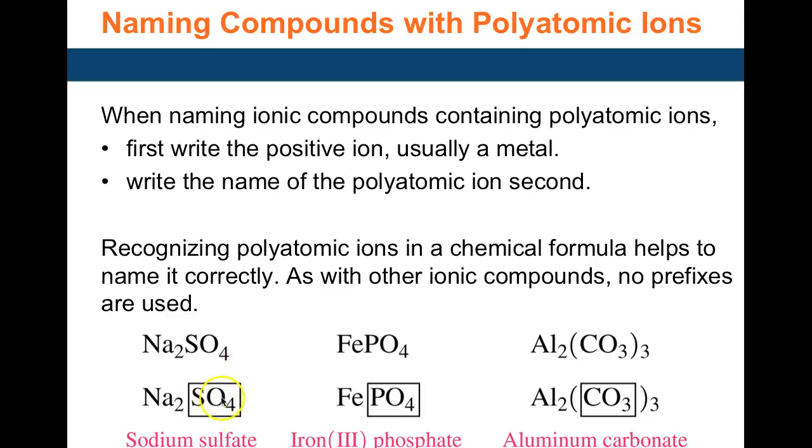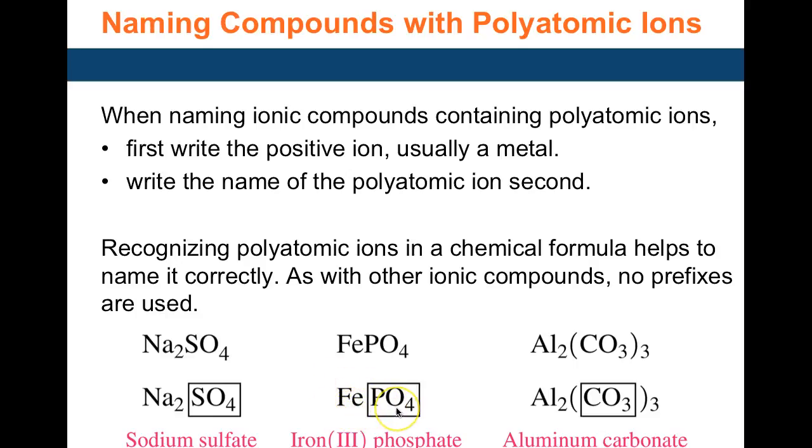So this is the sulfate ion. When you're writing the name, the name of the metal is exactly the same as its elemental name, and the name of the polyatomic ion is also written as is. There's no suffixes or anything of that sort. So sodium sulfate. Now, when you have a transition metal, a B group metal, then you have to determine what the charge on that metal is.